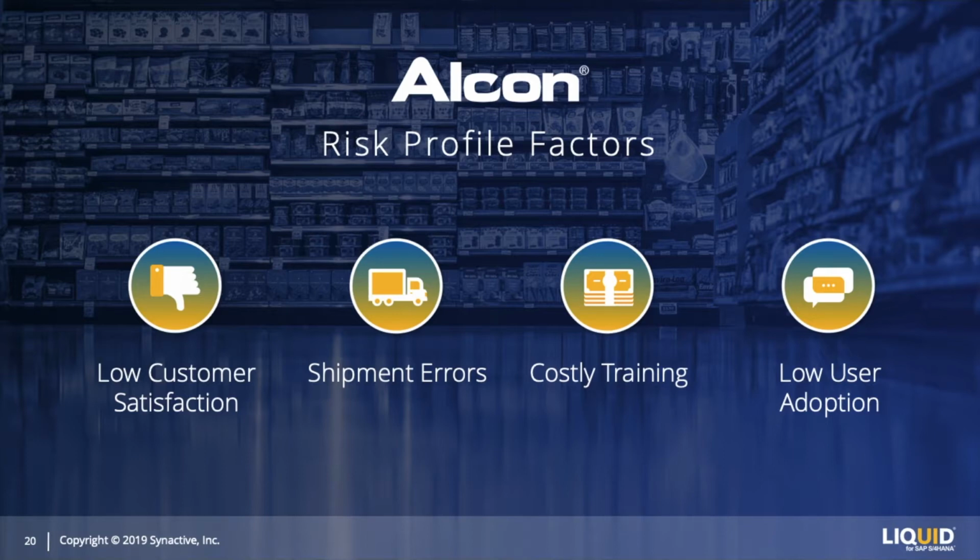So it's important that the client has a good experience on the phone. The longer you're on the phone, the more challenging that is, so you're trying to be as productive and efficient as possible. Ultimately, the CSRs were trying to figure out better ways to engage with their clients. So this is just an overall sense of the risk profile factors that Alcon considered as far as their effort to remediate these challenging trends.